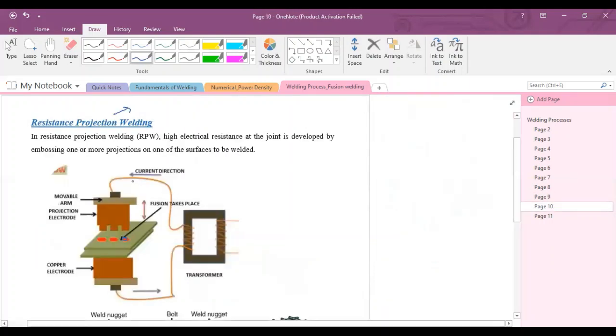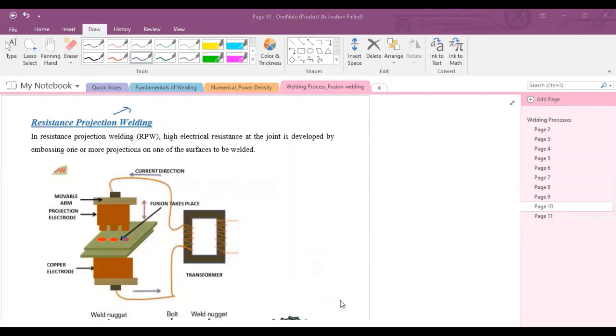The third type of resistance welding is called projection welding. It is also a modified form of spot welding, but with a slight change of electrode. In projection welding, rectangular electrodes are used, with projections present on the electrodes.